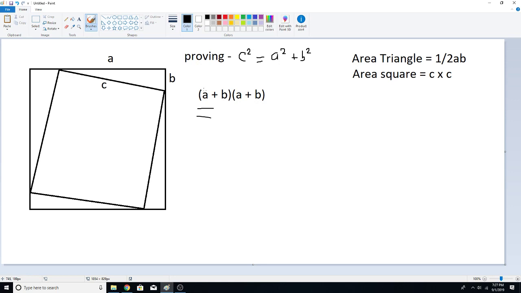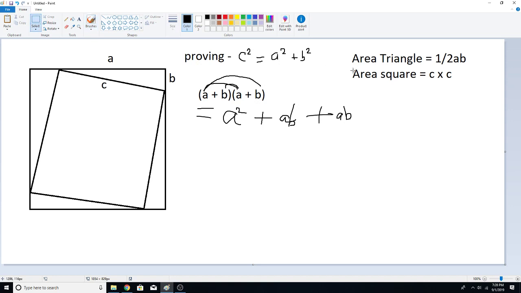So in this case, first A times A, which is A squared, A multiplied by B, which is AB. Oh no, sorry, I'm getting confused. AB, BA, so B times A. Now B times A can be written as AB as well, so I'll put AB, and since that is the case, we can combine these together.